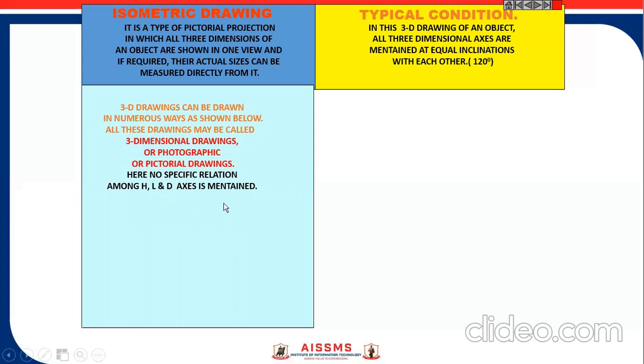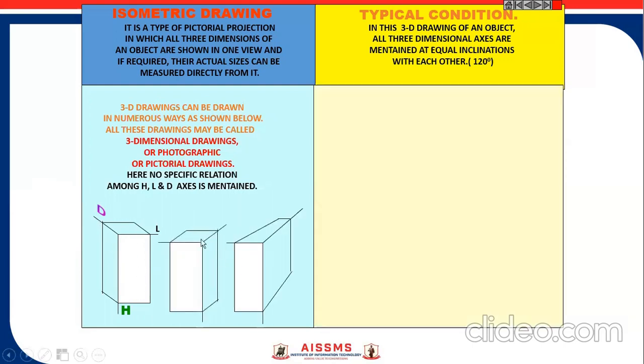Here we can see the shape of the object, but there is no relation between the height, length, and width of an object. This is the width, length, and height. So one object is here. There is no specific relation between this height, length, and width.